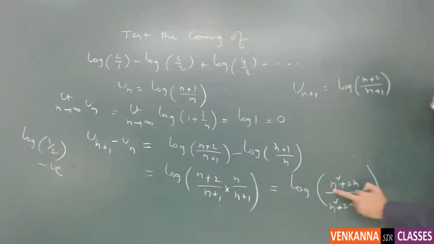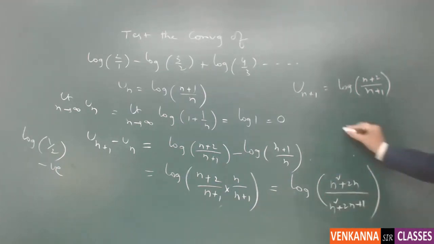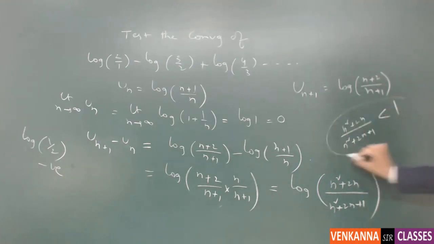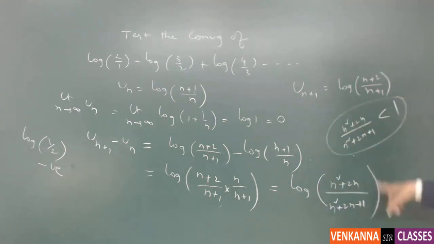You are dividing n square plus 2n by n square plus 2n plus 1. So the denominator is bigger than the numerator, so this value will obviously be less than 1. Since this value is less than 1, the log of this value is negative.